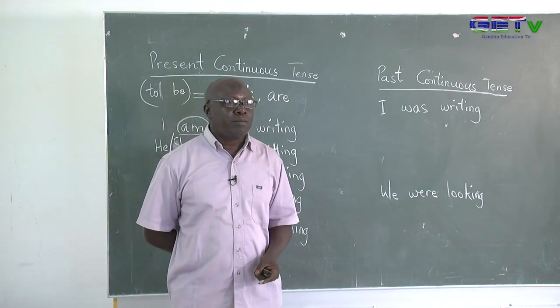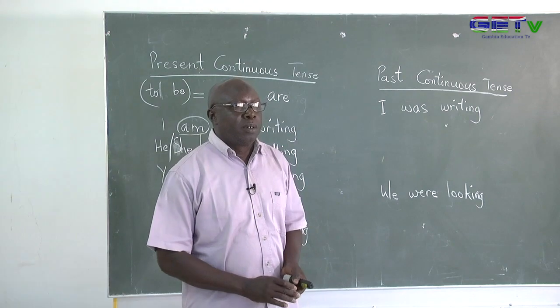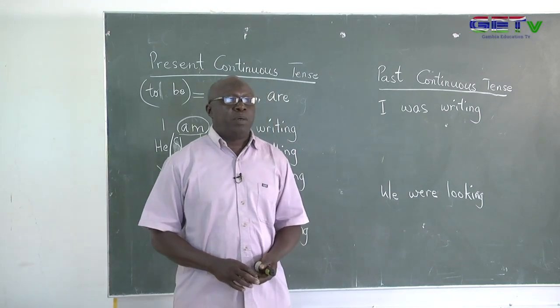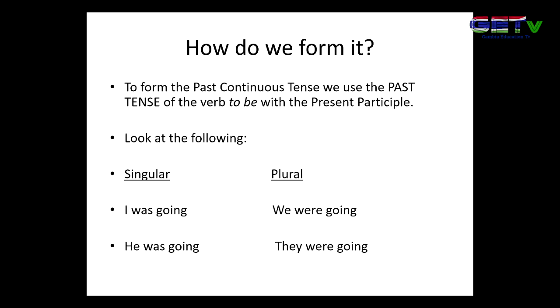How do we form it? To form the past continuous tense, we use the past tense of the verb to be with the present participle, just like in the present continuous tense. But here, we use the past form of the verb to be instead of the present form. Look at the following examples. We have singular sentences.